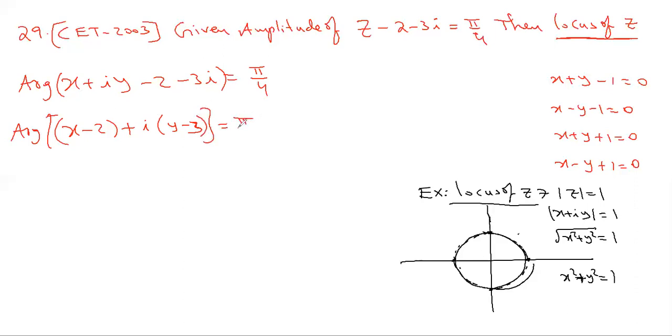is pi by 4. Argument of this is pi by 4 means geometrically, if you try to understand what argument of a complex number is pi by 4 means, if the point is here, then the argument of that is pi by 4. If the point is here, then the argument of that point is pi by 4. Because the line joining origin to that point will make an angle pi by 4 with the positive direction of x-axis.